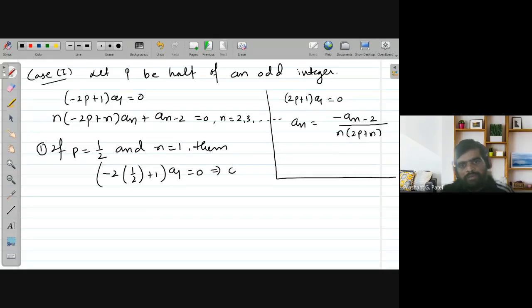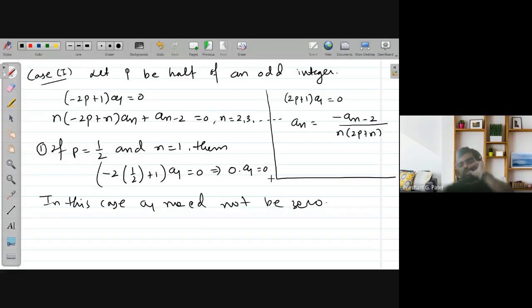This implies 0 into a1 is 0. So in that case, you cannot find out what is the value of a1. It may or may not be 0. So in this case, a1 need not be 0. You cannot say it will be 0.